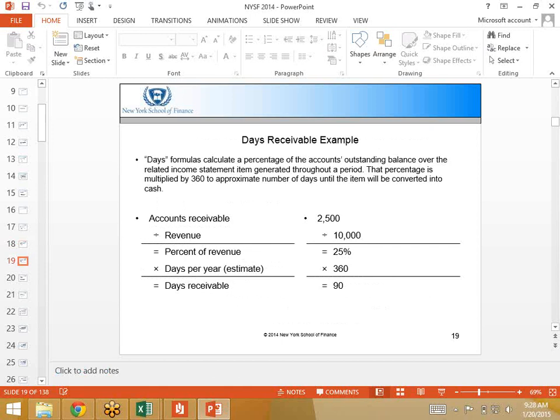What if accounts receivable is 2,500 and the revenue generated is 10,000? That means of the revenue generated in a year, 25% of that revenue has yet to be collected. You multiply that by 360 to get an equivalent number of days. So of 360 days of operations in a year, 90 days of those collections remain outstanding. That's the idea.